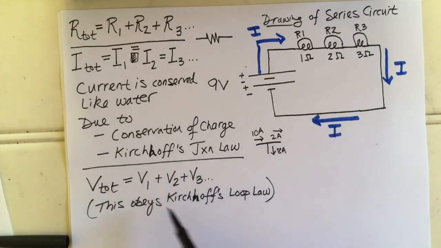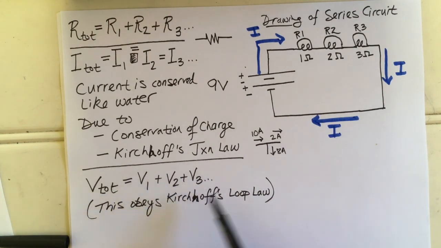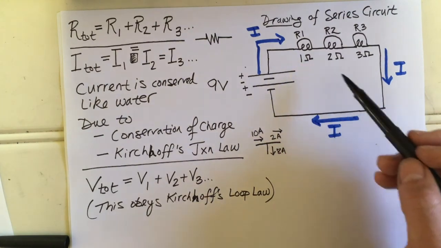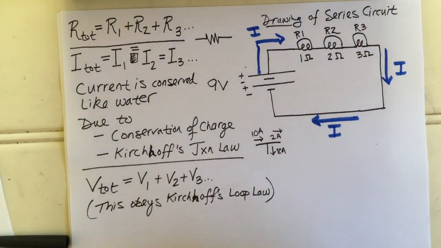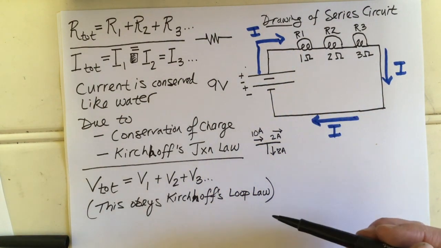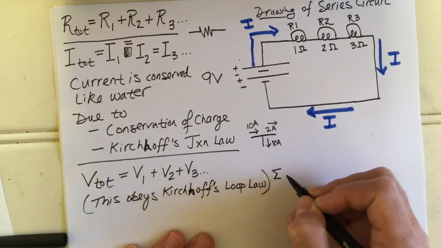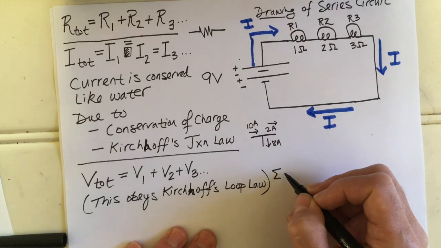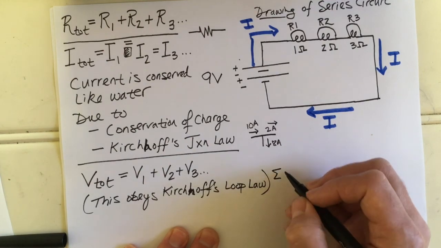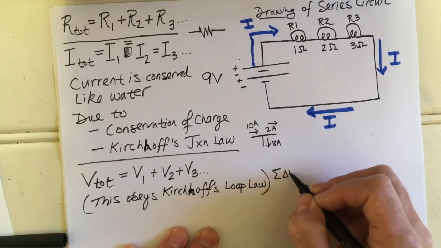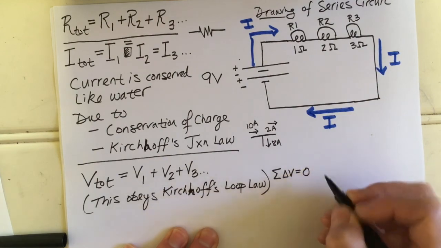Now, usually I just call these positive voltages, and I don't worry about the fact that they're negative, but they are negative, and Kirchhoff's loop law addresses that, because Kirchhoff's loop law says that the sum of all of the change in voltages must equal 0.